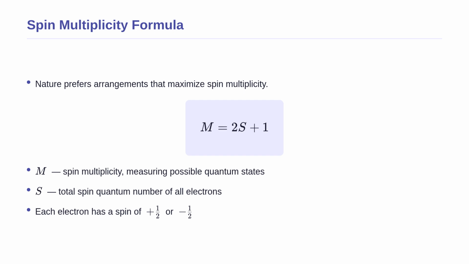The symbol s represents the total spin quantum number of all the electrons in the subshell. Each electron has a spin of either plus 1/2 for spin up or minus 1/2 for spin down. To find s, you simply add up the spin values of all the unpaired electrons. As s increases, m increases, leading to greater stability.